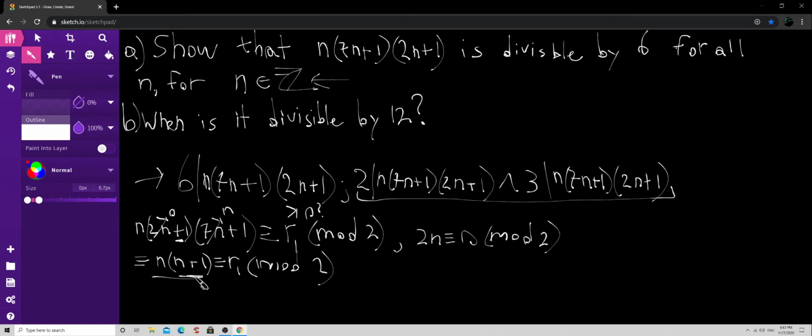So these are two consecutive integers, and it's important to note that one of these must be even.